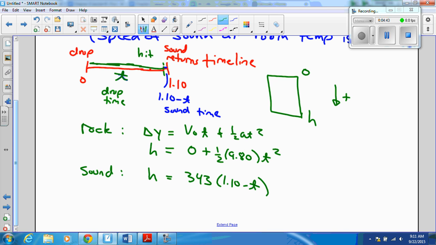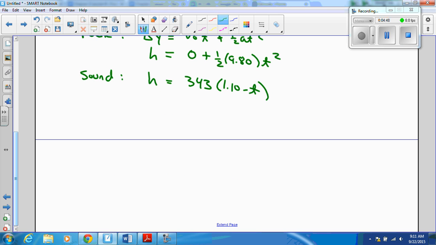And now those two distances have to be equal to each other, and so I can set them equal, and I get an equation that is one equation with one variable, and I can solve that equation.